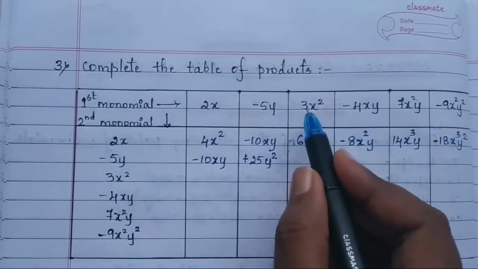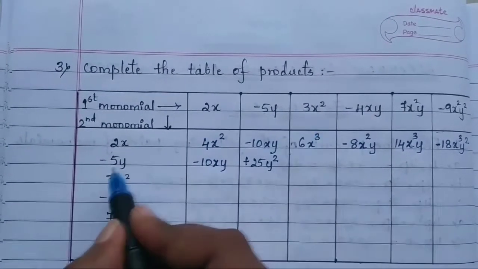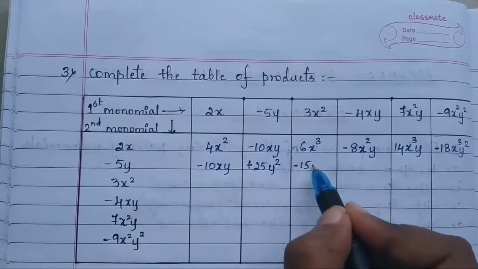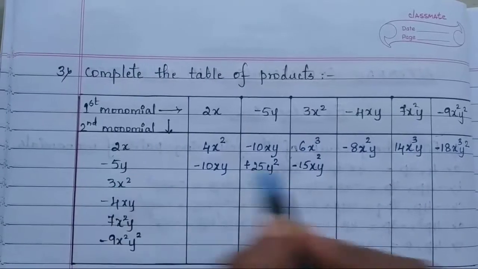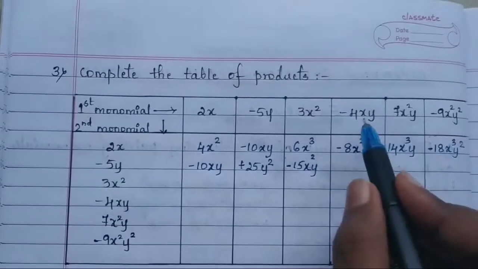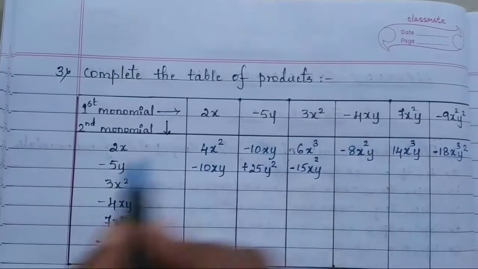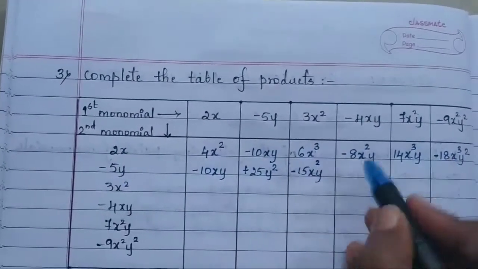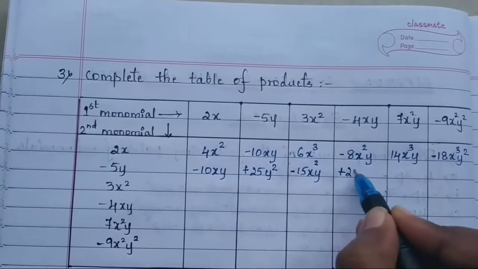Okay. Next, 3x square and minus 5y. 3 5s are 15. Minus will be as it is. X square and y, x square will be as it is and y will be as it is. Next, minus 4xy and minus 5y. Minus into minus, again we are having plus. 5 4s are 20.